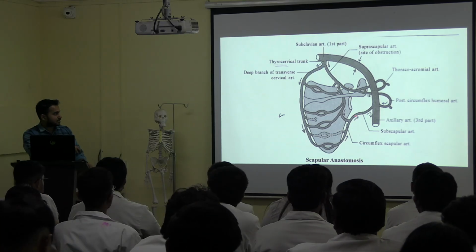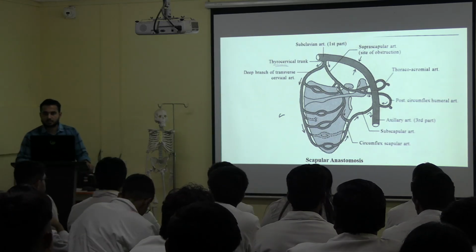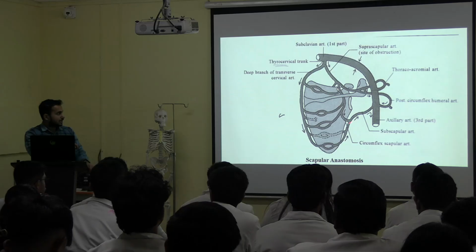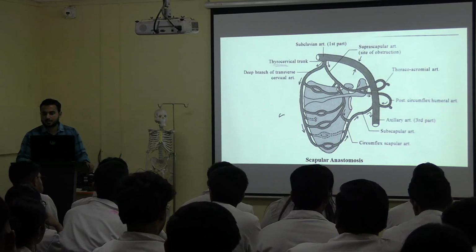This is the circumflex scapular artery, coming out as a branch of the third part of the axillary artery. In between them, around most of the scapula, the anastomosis is taking place.